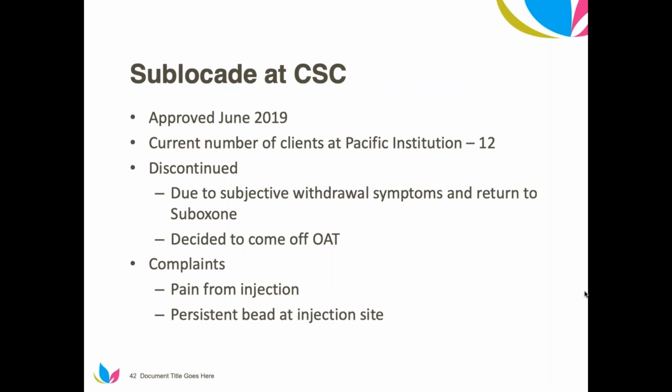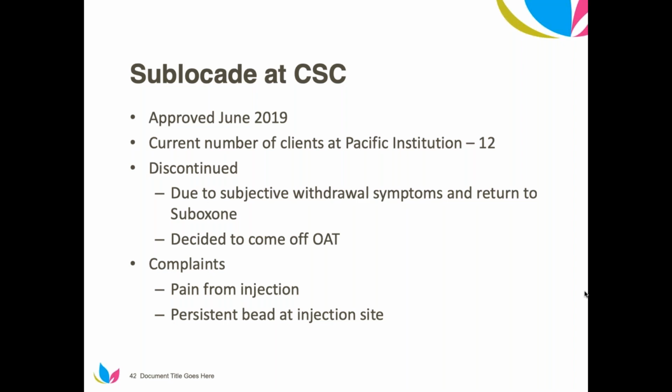So Sublocade at CSC, and CSC is Correctional Services Canada, was approved in June 2019, around the same time that I think Foundry started using it. Foundry, I believe, correct me if I'm wrong, Karen, but you guys were the first to use Sublocade in Canada as far as I know. I think that's right, yeah.